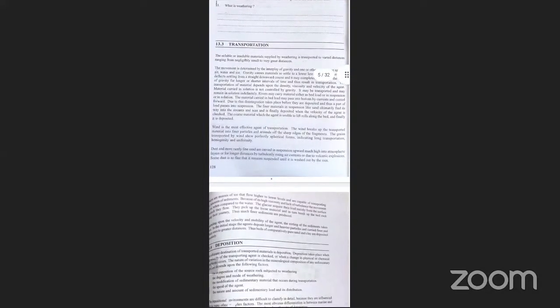The sediment size decreases with increased transport distance. So as per this, it is transported from one place to another, or sometimes if it is wind, the wind also plays a very important role in transportation.